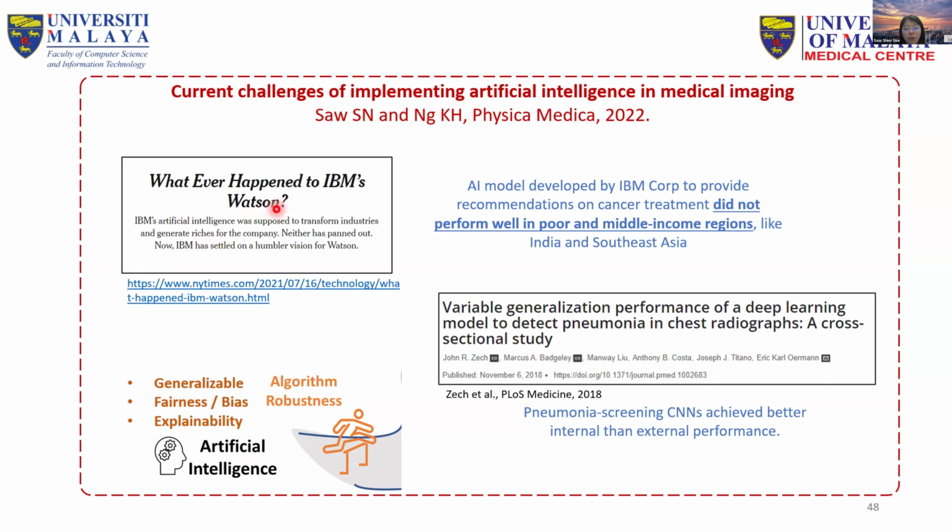For example, this is the very famous IBM Watson issue, where the AI model developed by IBM to provide recommendations on cancer treatment did not perform well in poor and middle income regions. The reason could be that the data sets they gathered may not be the same. That's why it fails. The same goes for this screening CNN model.